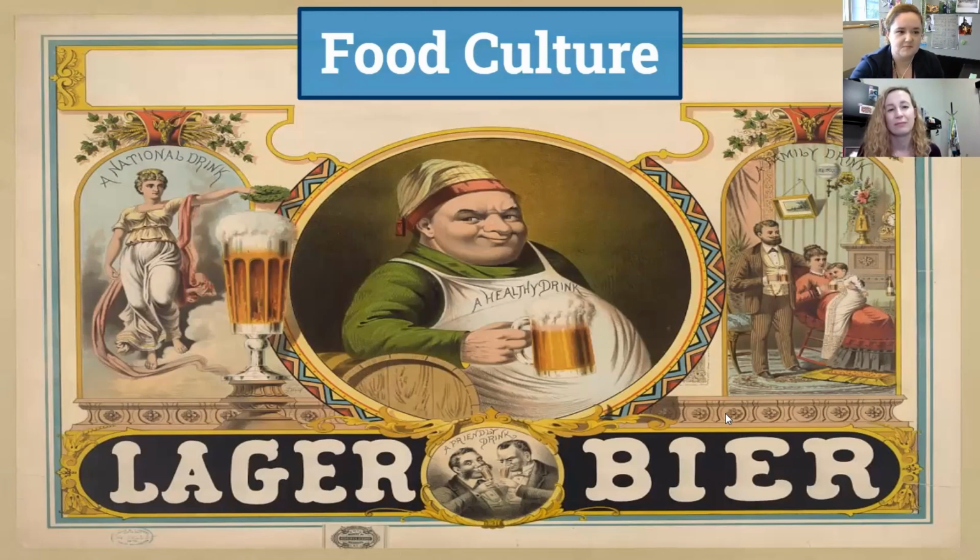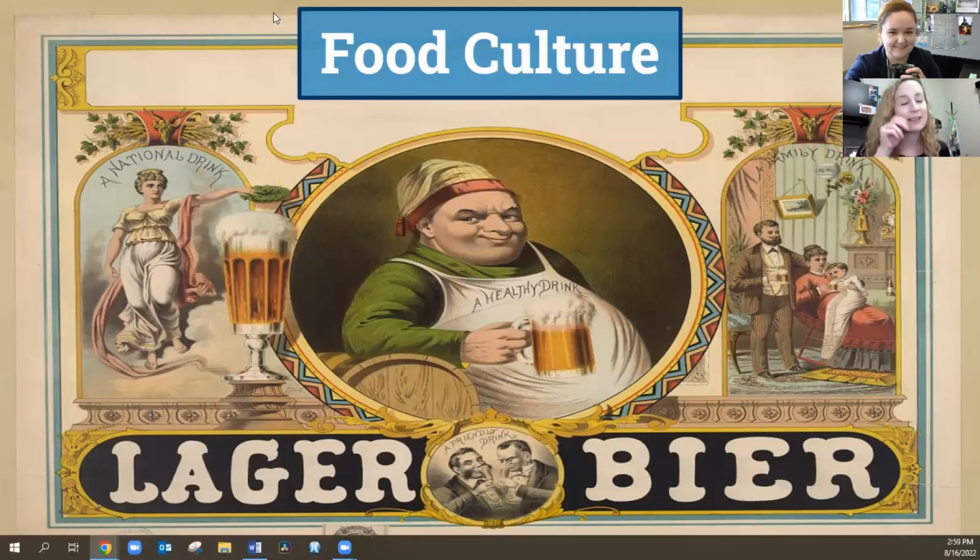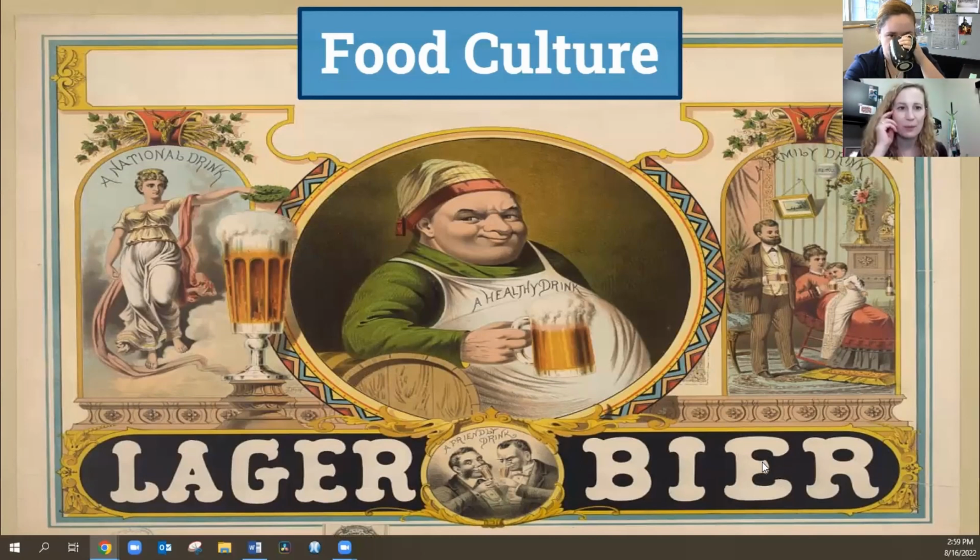Do you have anything to add to that, Allison? I know you love talking about food. Food and beer. I have an entire presentation on beer. It's hilarious because you don't think about beer as being part of genealogy, but it is. It's occupational history. It's community history. It's food culture.